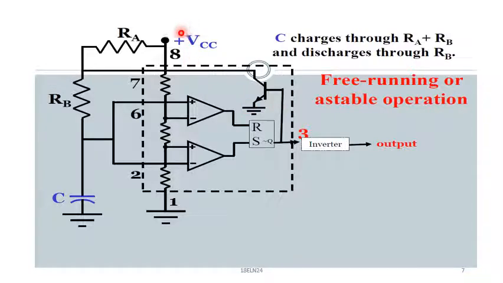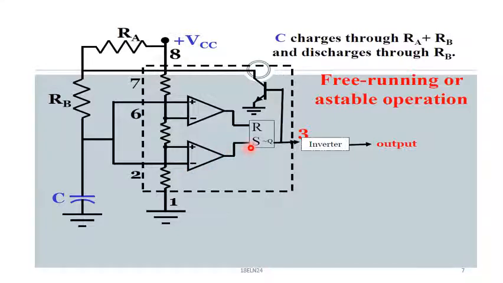As soon as the power supply is on, this capacitor starts to charge through the resistances RA and RB. You can observe the voltage at this point, it will be initially 0. Then in the condition of the lower comparator, when the voltage is less than 1 by 3 VCC, here the set input is 1.